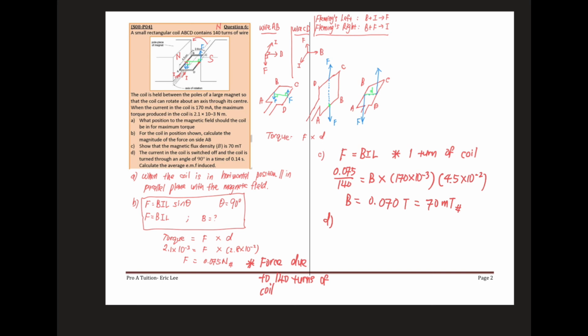Now this is Fleming right hand rule already, from part D onwards, because they turn off the current, but the coil is still spinning. Imagine that the coil is still spinning, so the magnetic force is still there, and then EMF or current is induced.